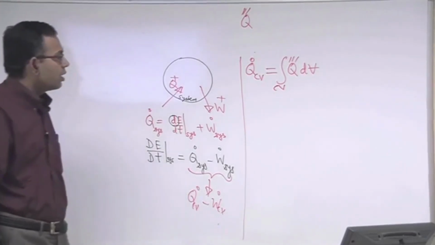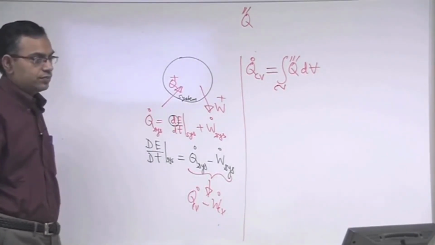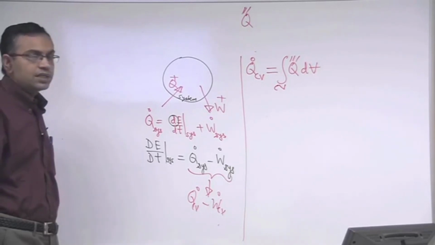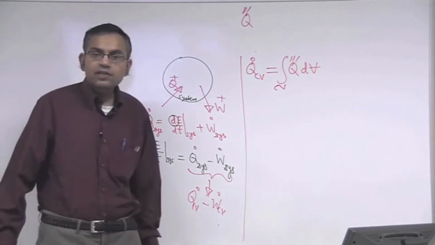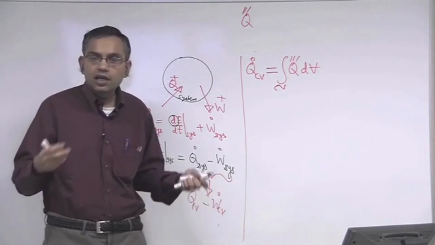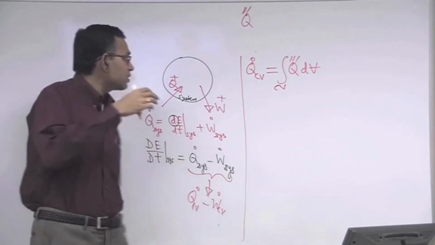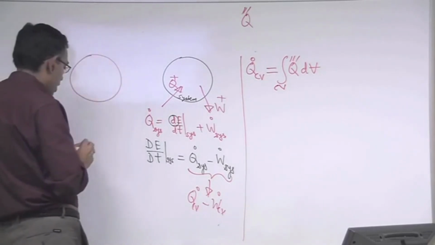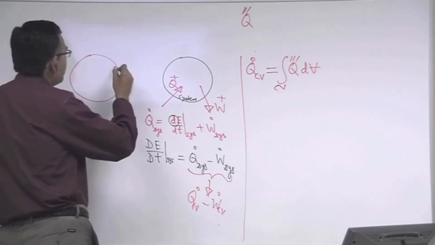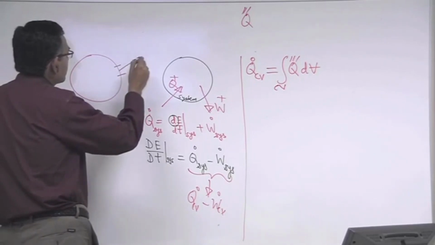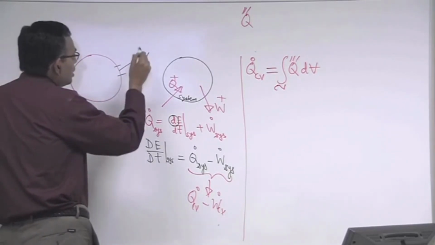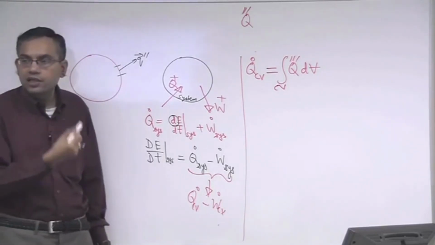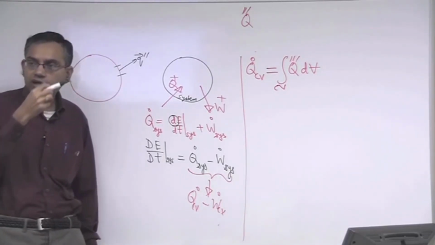Okay. What about the surface term? The surface term is given by the heat flux. In heat transfer, let us say this is the control volume and there is a heat flux q. Typically q double prime we consider as heat flux and triple prime as volumetric heat generation, that is the standard notation that we follow.